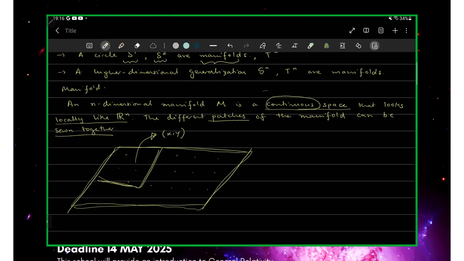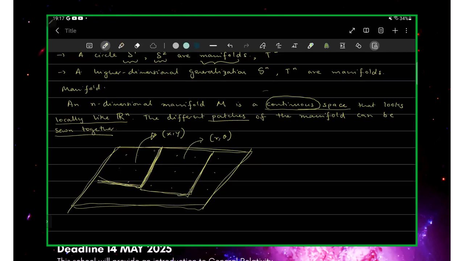However, perhaps this part of the manifold is not easily described by x, y, but is described by r, theta, which are two-dimensional polar coordinates. So now I have definitions of the manifold, but with respect to two different coordinate systems. So this is one patch, and this is another patch of the manifold.